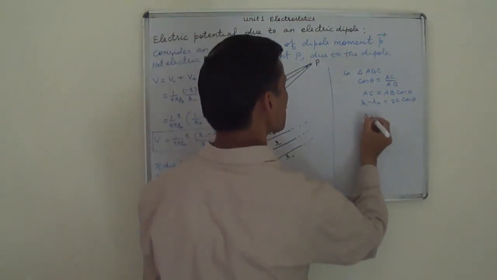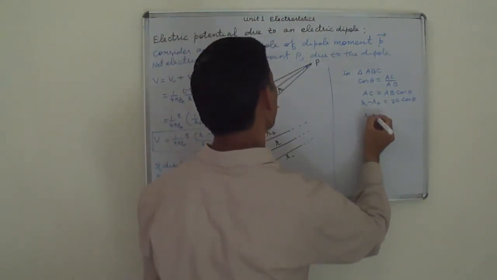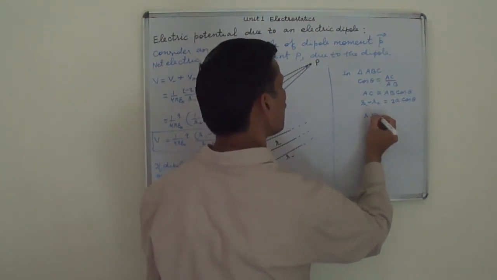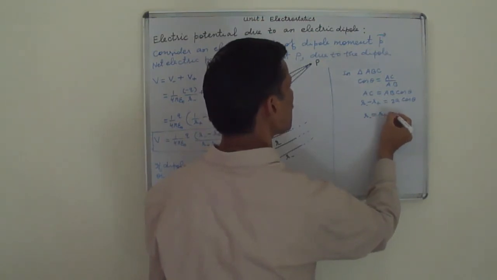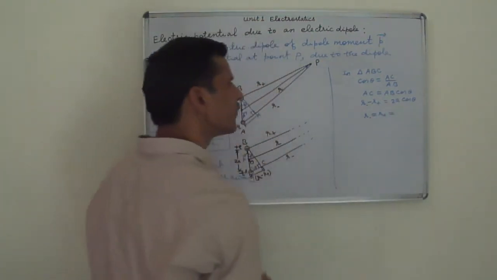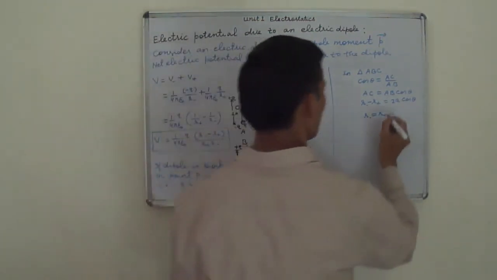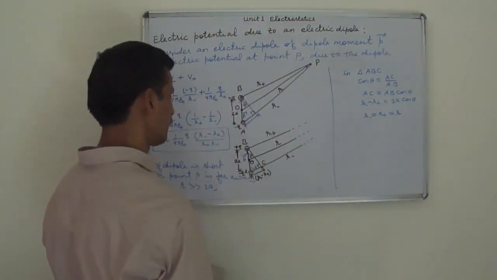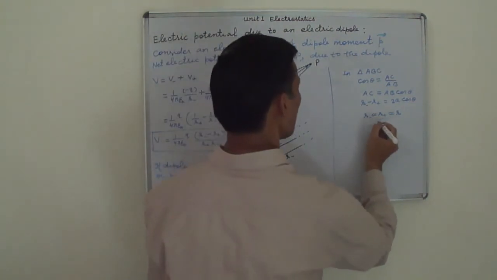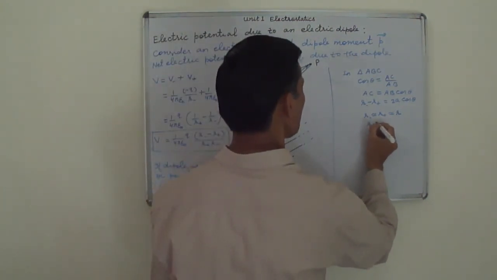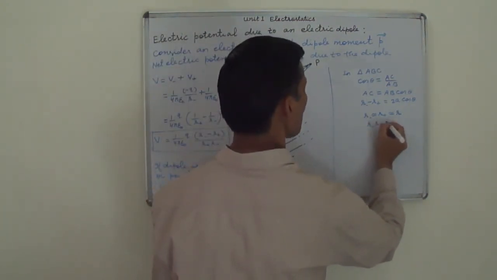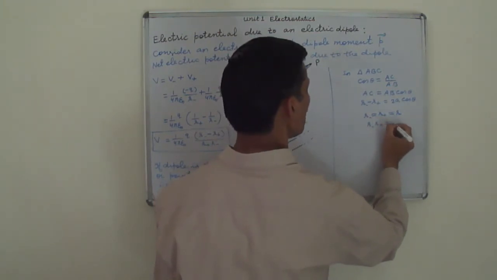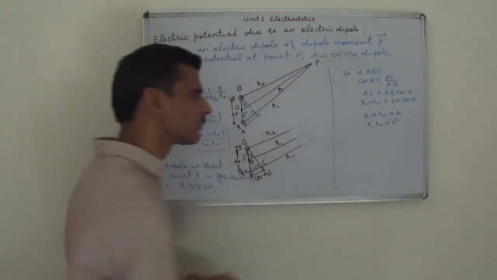Moreover, R minus is approximately equal to R plus, and this is approximately equal to R. So R minus into R plus, this product, is approximately equal to R square.